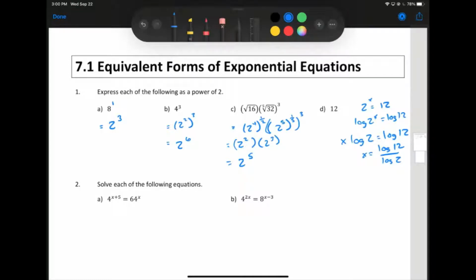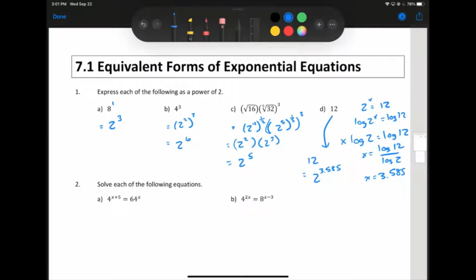So now I just pull out my calculator and punch in log of 12 divided by log of 2 equals 3.585-ish. And so really I can say that 12 is equal to 2 to the exponent 3.585. And there I've written a really nasty number as a power of 2.